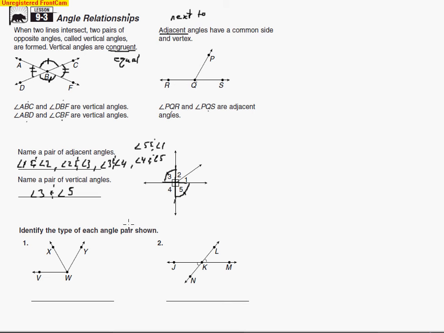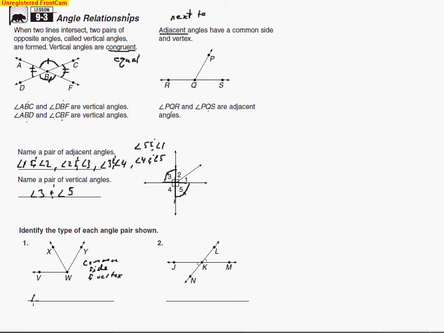Let's take a look at another one here. Identify the type of angle of each angle pair shown. Well, these two angles, VWX and XWY, share a side. So when they have a common side and vertex, that means we're dealing with adjacent angles.